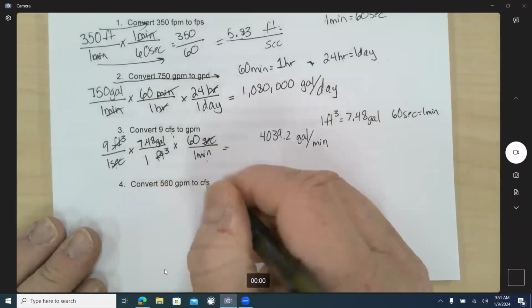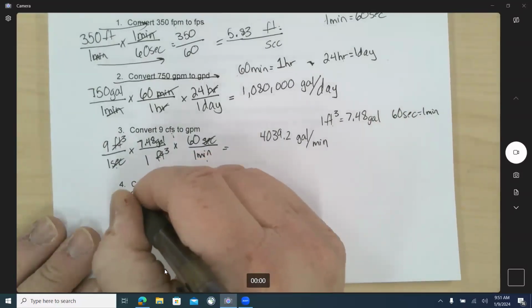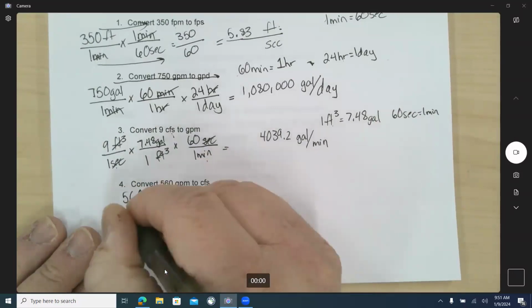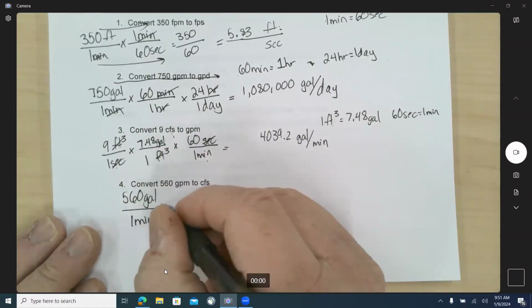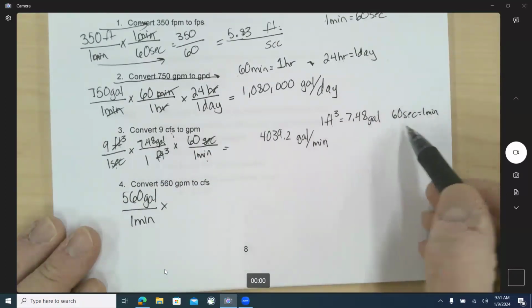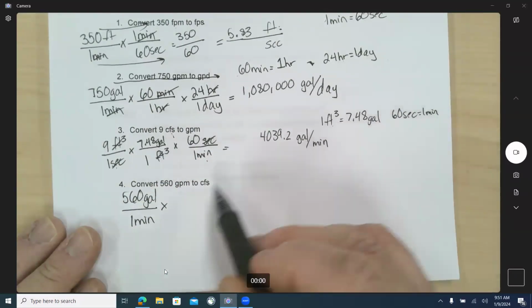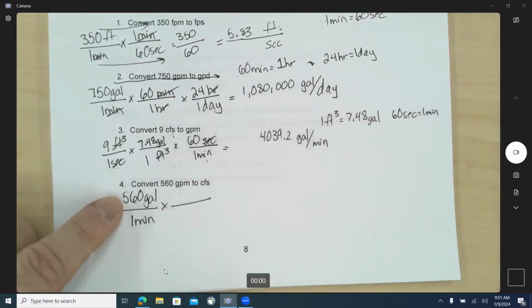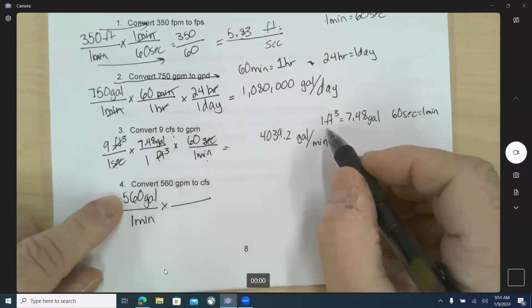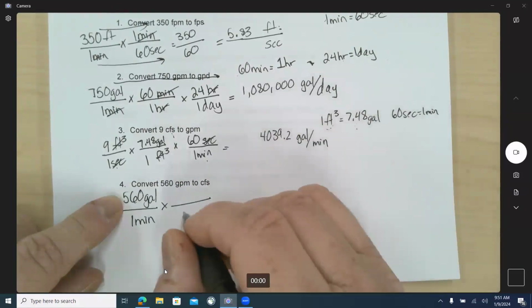So now the bottom one is I'm starting with 560 gallons per minute. You're going to use these two conversion factors here that we used for this one. So if my gallons are on top, where do my gallons have to be to cancel? Well, I need this conversion factor, so I'm going gallons to cubic feet.